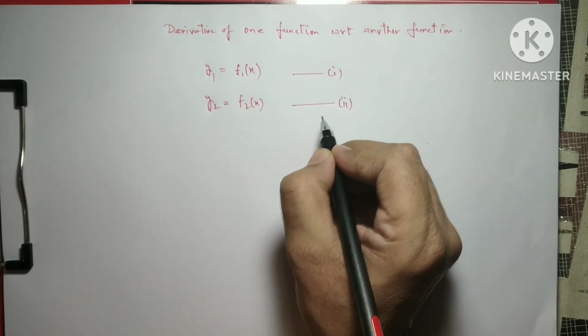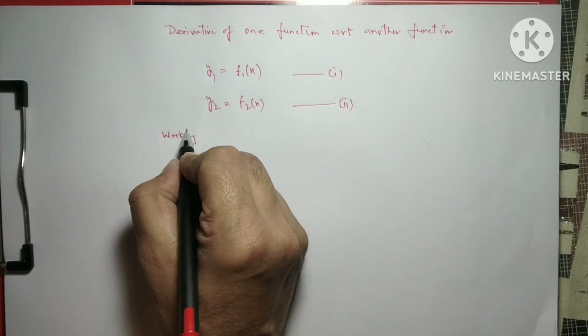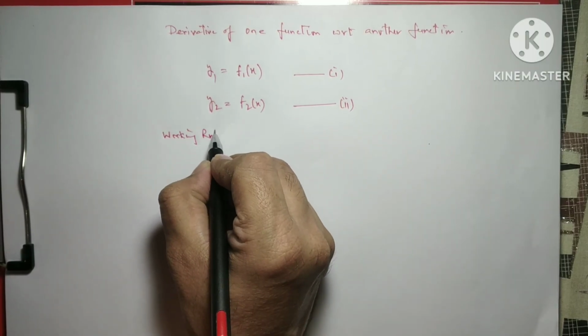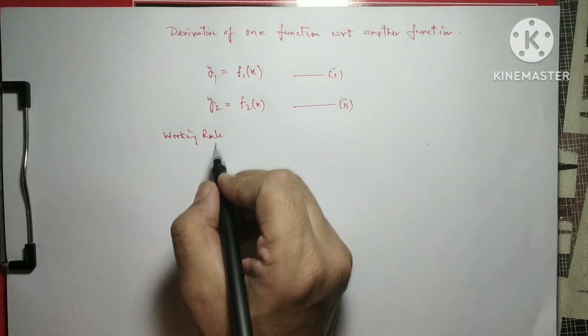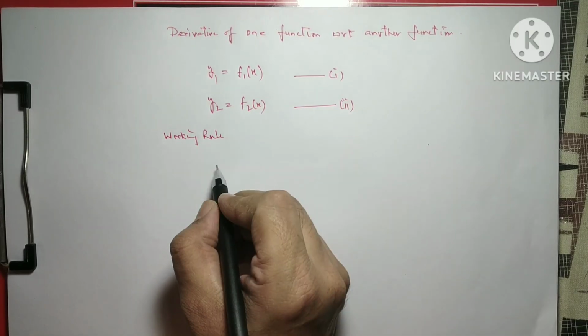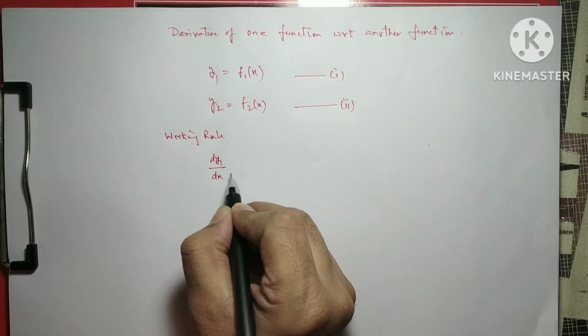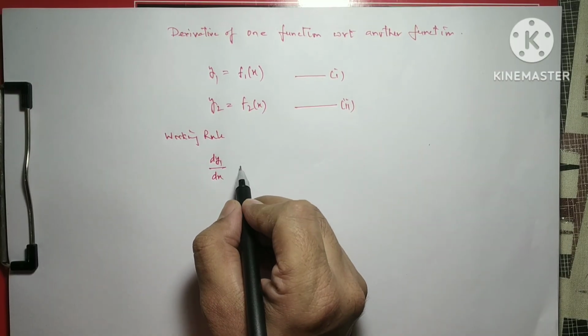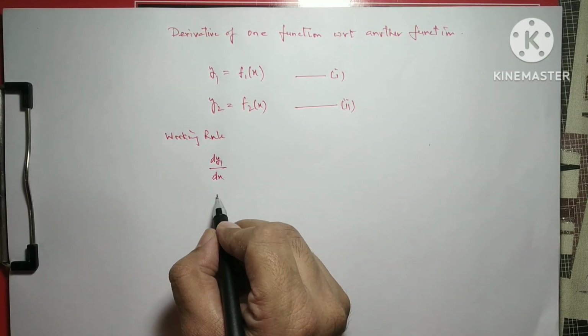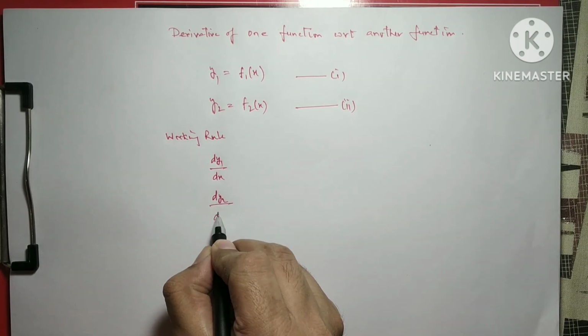So the working rule is, first we will obtain the first derivative of first function, that is dy1 over dx. Same way में we will obtain dy2 over dx.